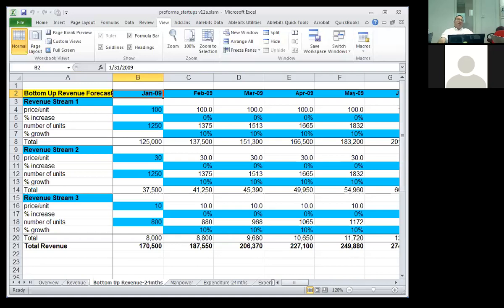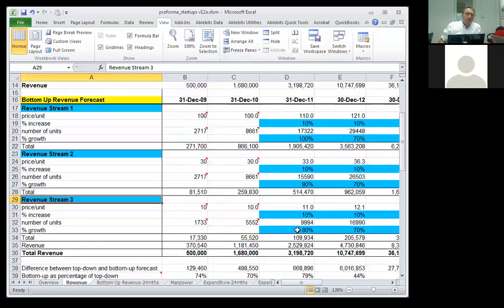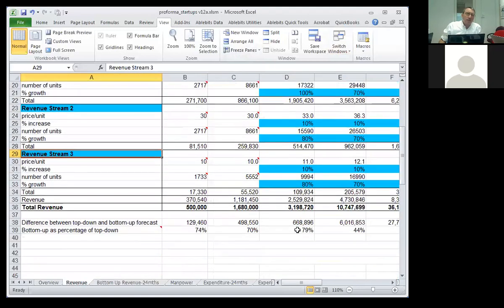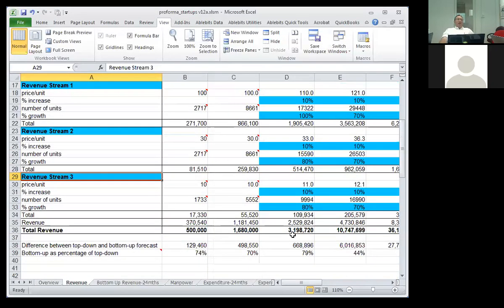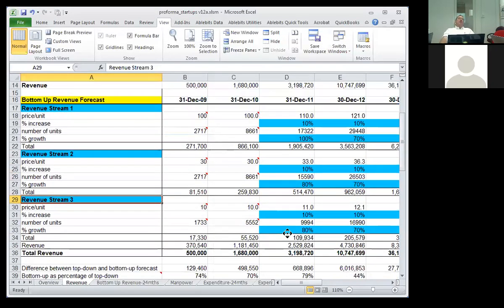So what if this number was really, instead of 1,200, what if it was like 125? Same thing here. So let's say we brought that down by a factor of 10. Now, suddenly, my numbers seem much more realistic.